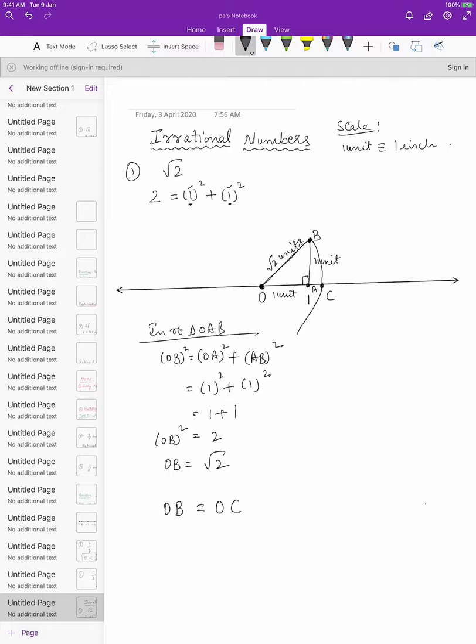Because if I suppose complete the circle, then OB and OC will become the radii of the same circle, hence they will be equal. So if OB is root 2, OC will also be root 2 units. It means on the number line, point C represents root 2.